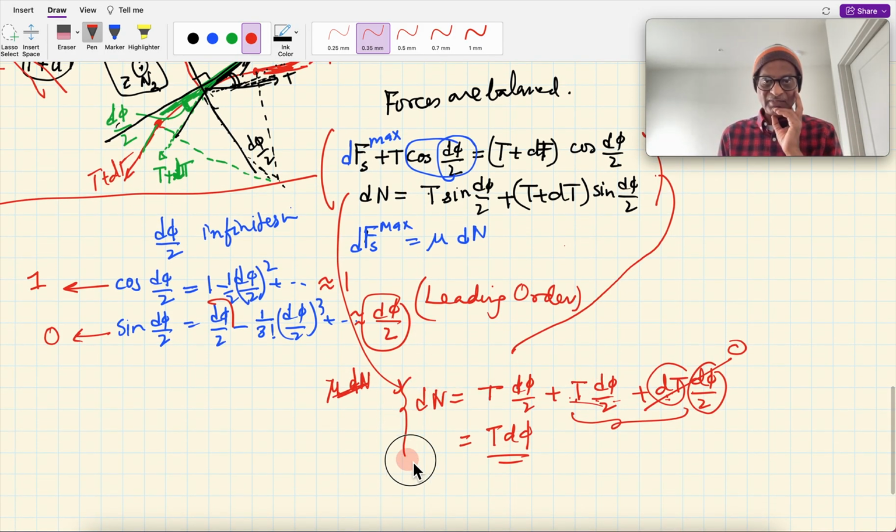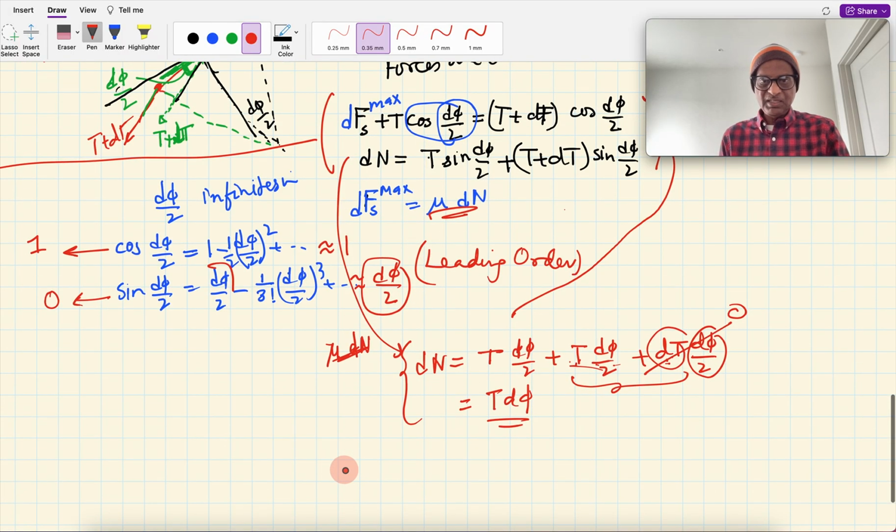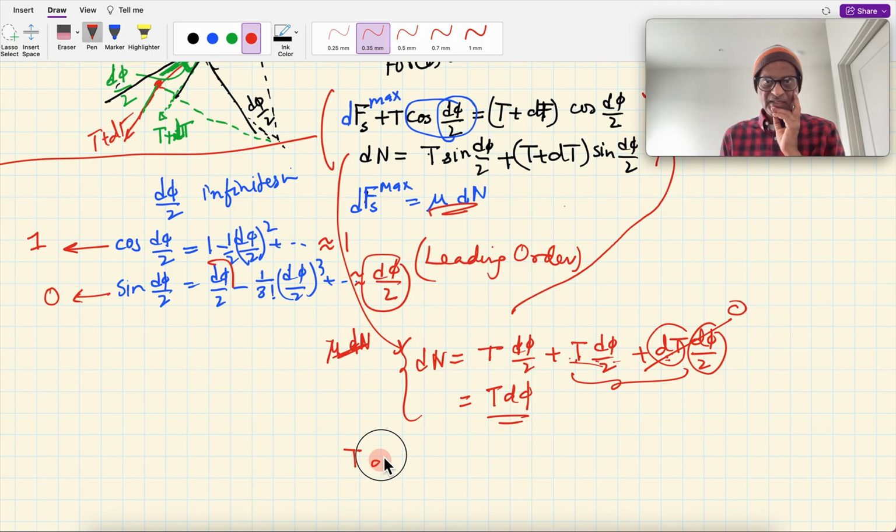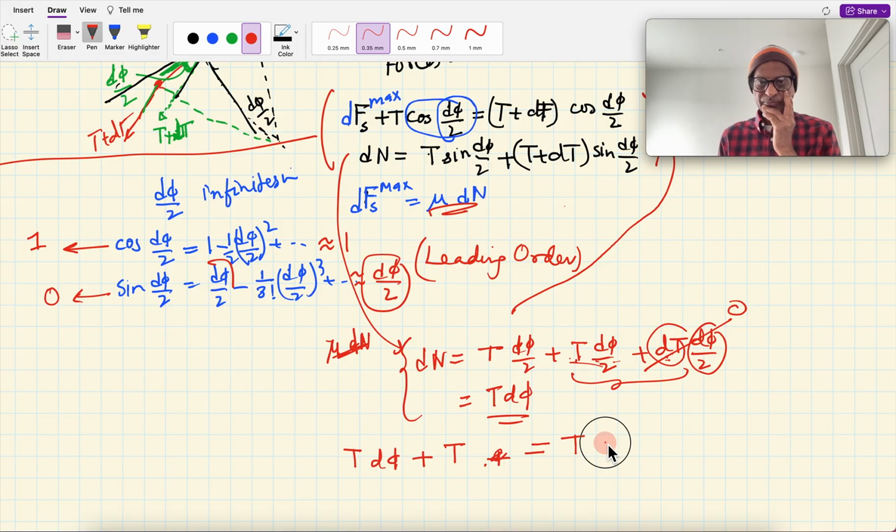So we got dN, and we can use this in here, and that becomes T dφ plus T equals T plus dT.